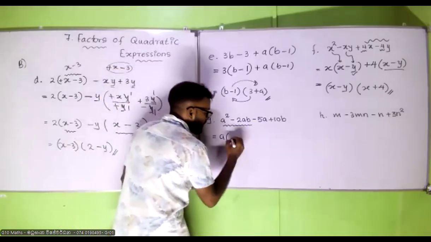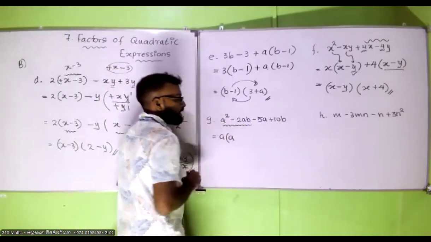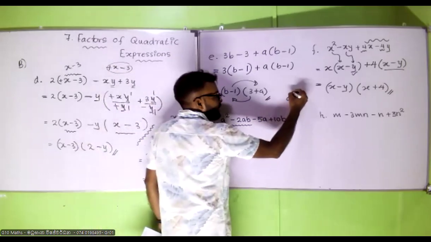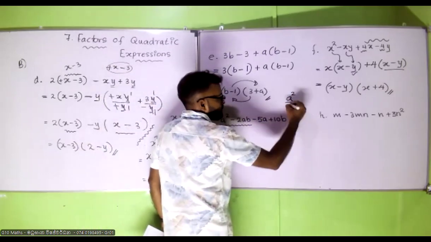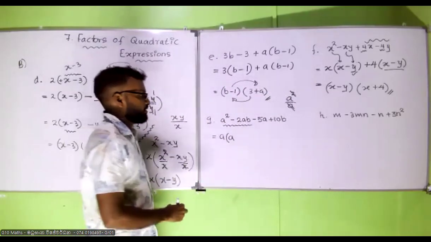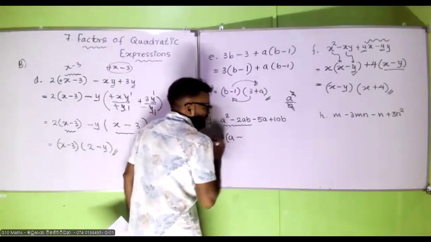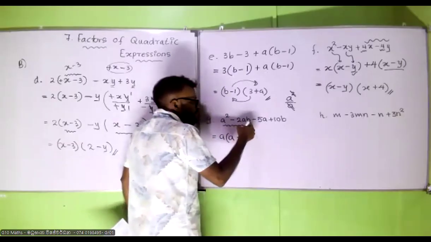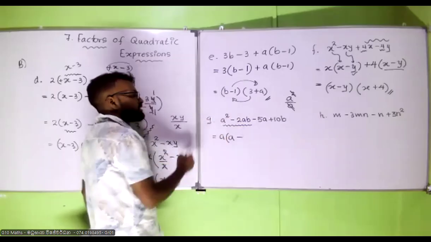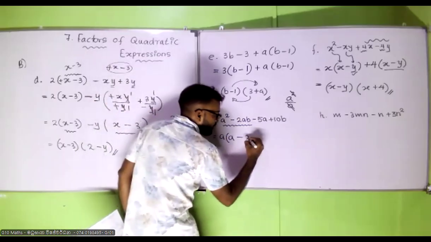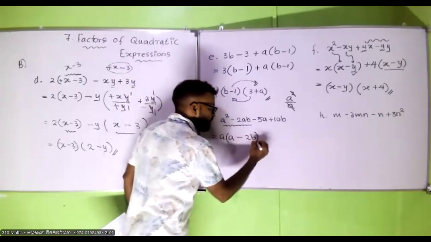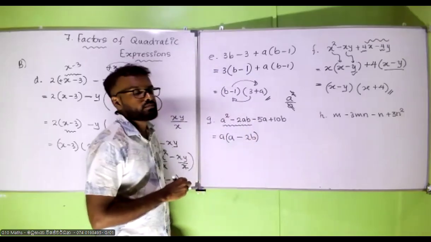That means you divide a to the power 2 by a, so that cancels out, and the term is a. Minus 2ab: you are taking out the common term a from 2ab, so the remaining term is 2b because you are removing a. So it becomes minus 2b.